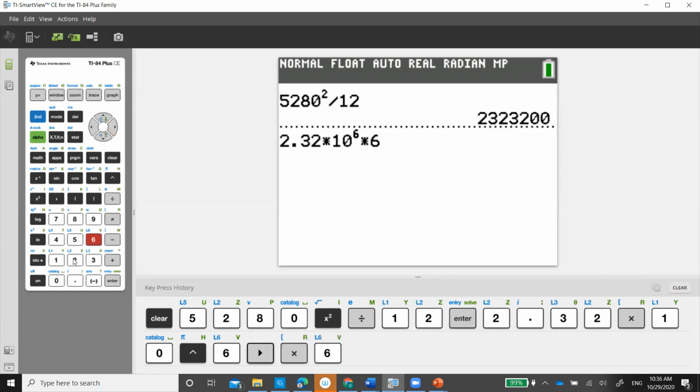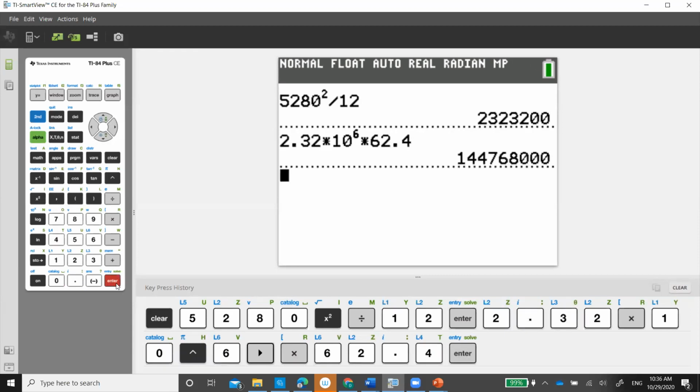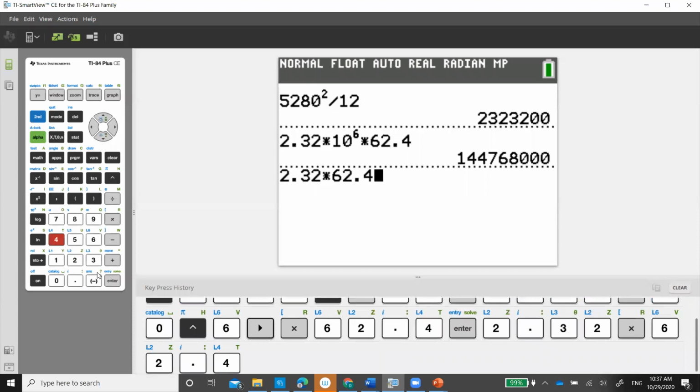Times 62.4. Or to make it easier, I could do 2.32. I mean, it depends what you feel comfortable doing. You can do the 2.32 times the 62.4. And then you can put that into scientific notation. And then you can multiply that by 10 to the 6.